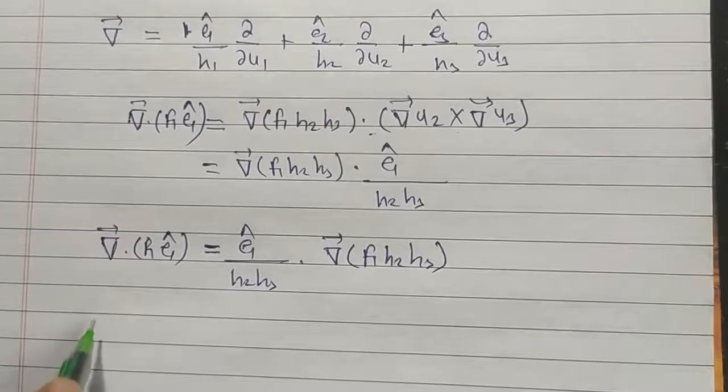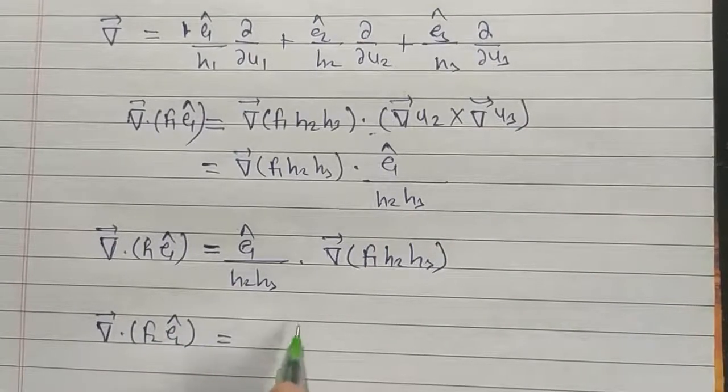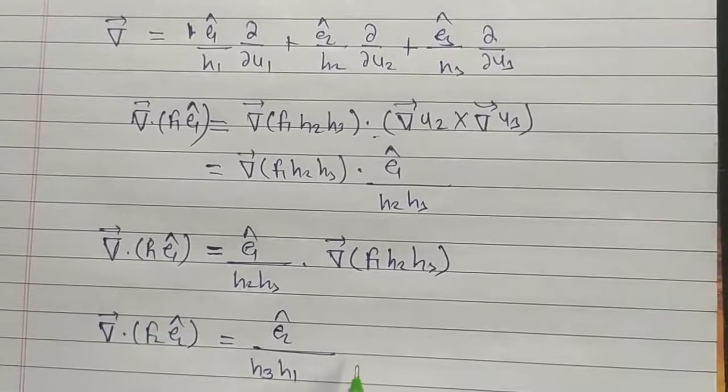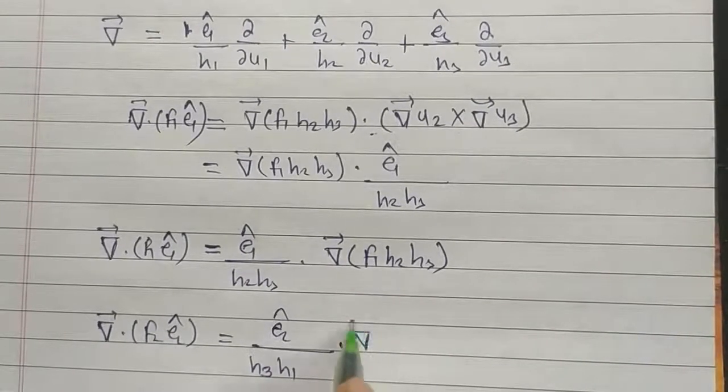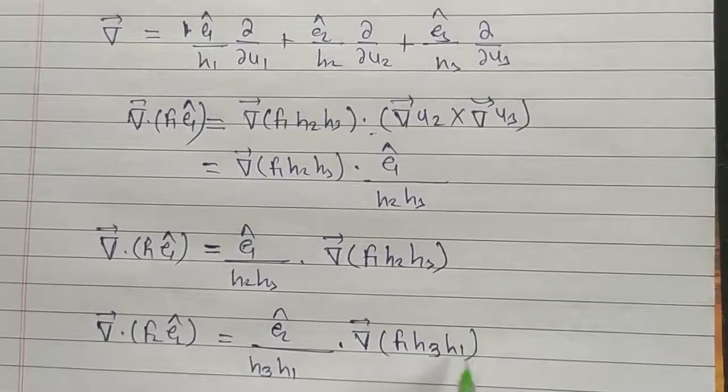Similarly, for the second term I can write del bar dot f2 e2 cap is equal to e2 cap upon h3 h1 dot del bar f2 h3 h1.